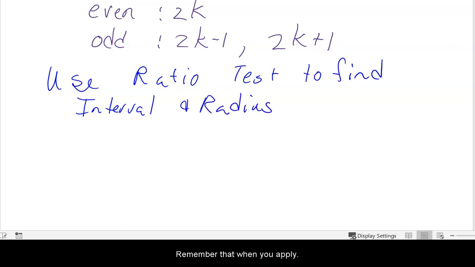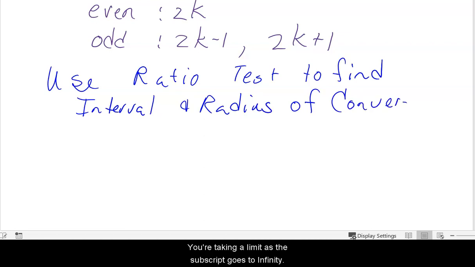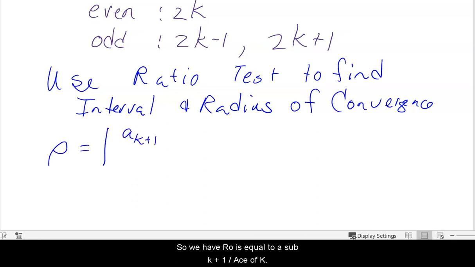Remember that when you apply the ratio test, you're taking a limit as the subscript goes to infinity of the ratio of the n plus first term over the nth term, or in our case, the k plus first term over the kth term. So we have rho is equal to a sub k plus 1 over a sub k.